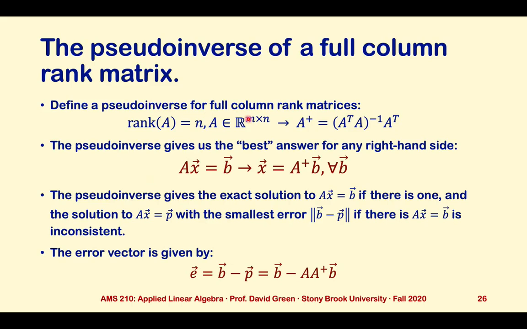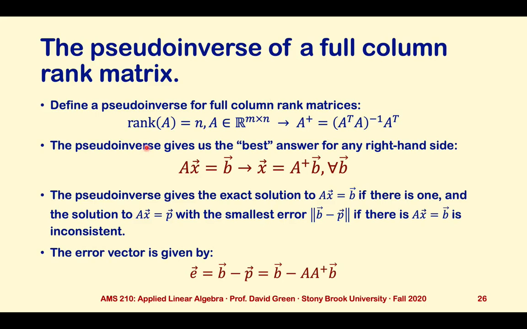This pseudo-inverse lets us organize everything in a really, really clean way. As long as we have a full column rank matrix, and I want to emphasize this only works when we have full column rank, right? No free variables. When we have a full column rank matrix, we can always define a pseudo-inverse, A plus, A transpose A all inverse times A transpose.